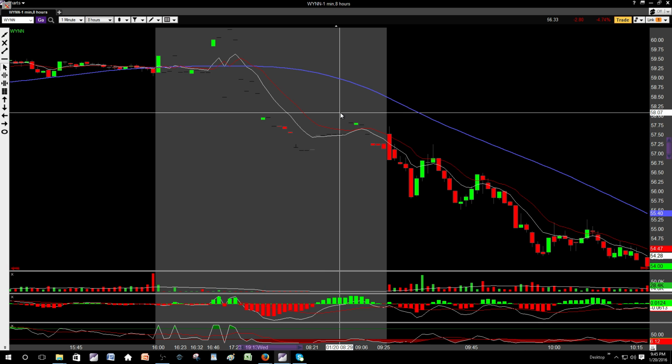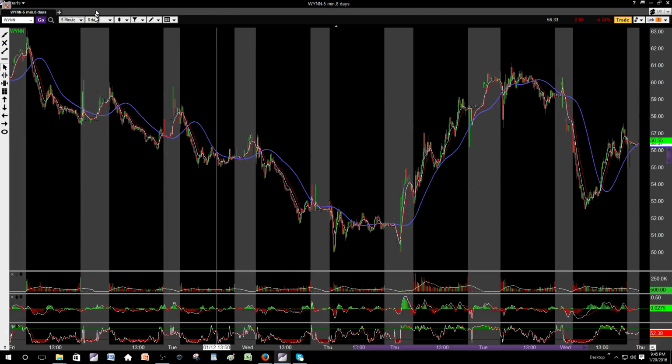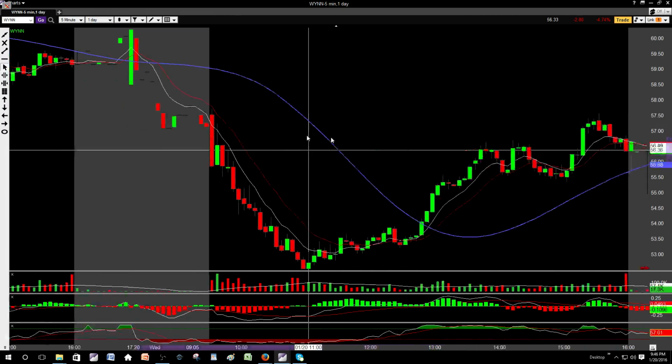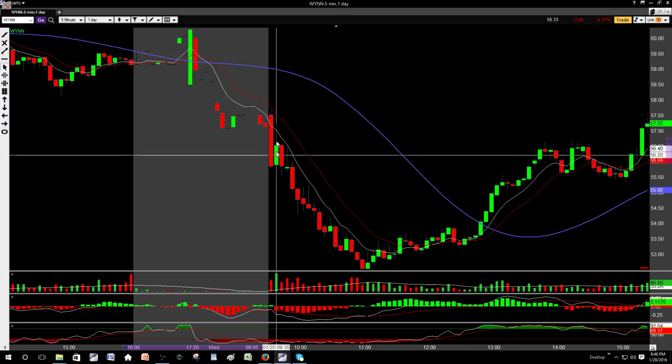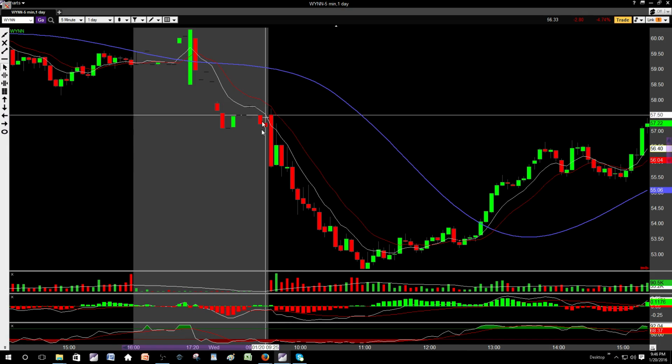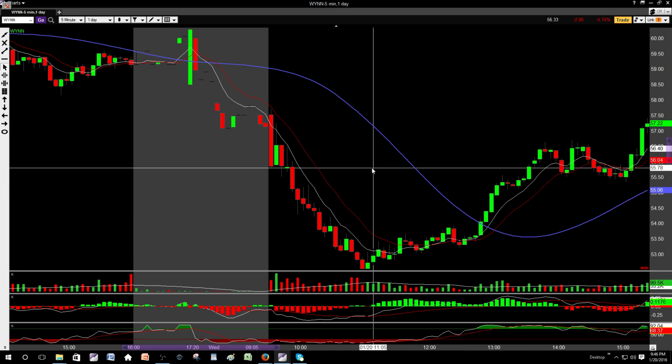Obviously I could have held it for a lot more. When I did the trade at 57.10, it actually came all the way down to 52 something, but I just wanted to do 10 minutes of the trade. I do limit orders for pretty much all my trades.